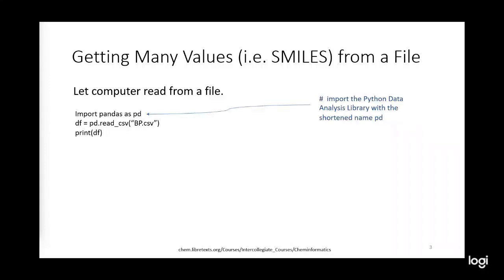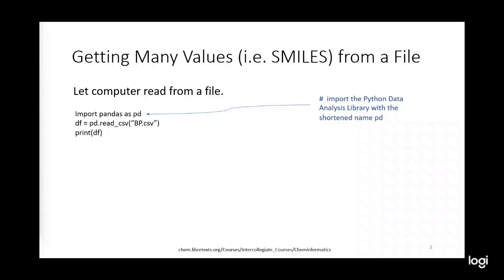The first line states, import pandas with the alias or shortened name pd. This creates a pandas library instance, granting access to its extensive features and functions. Pandas, along with NumPy, is one of the most popular libraries in the Python ecosystem.